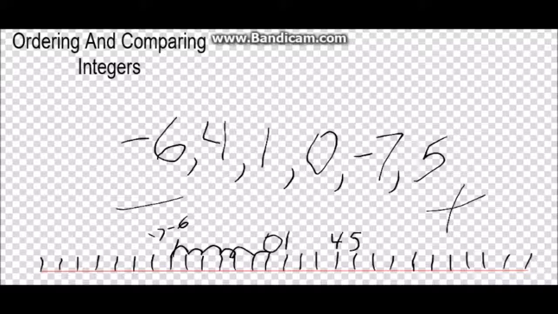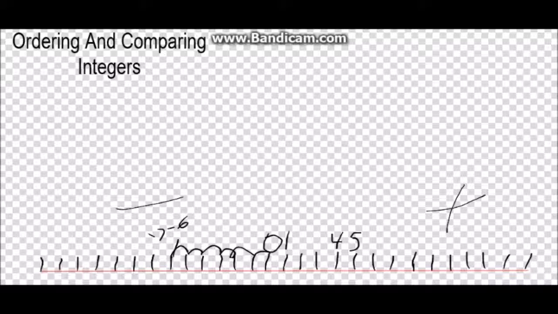Alright. Now, to order these integers, we need a question first of all. So let's take the question least to greatest. If someone were to ask you least to greatest, you'd go from left to right, because the numbers on the left don't have as much value as these, since these are negatives and these are positives.